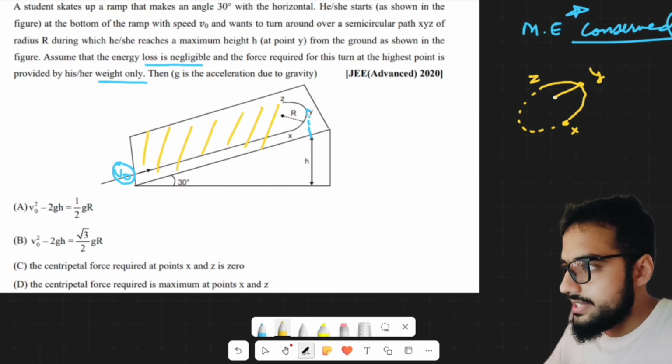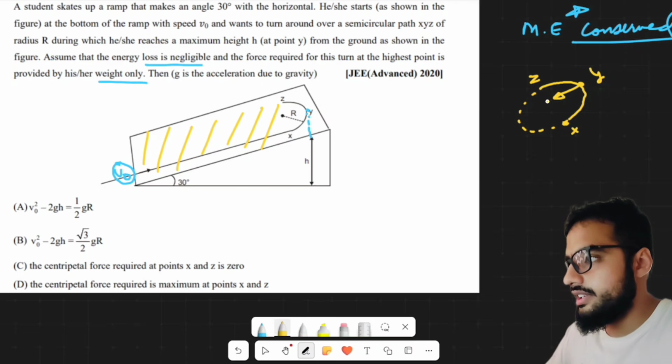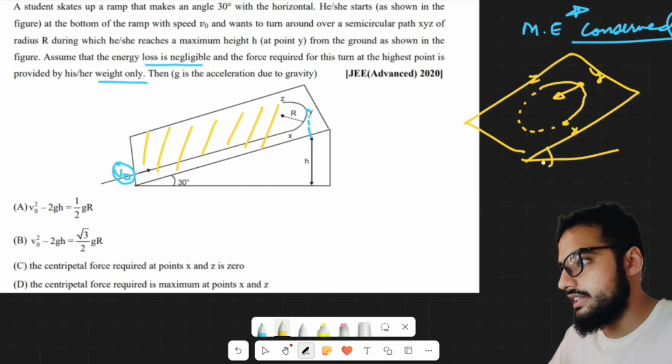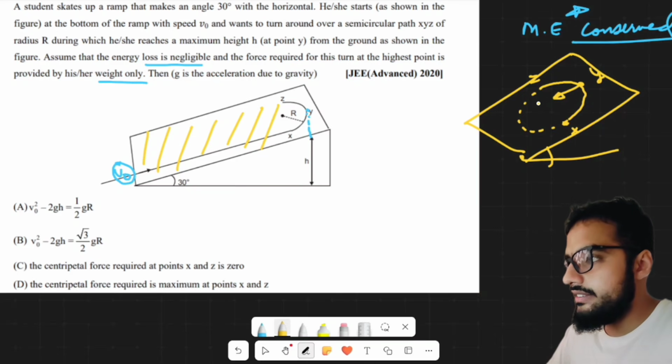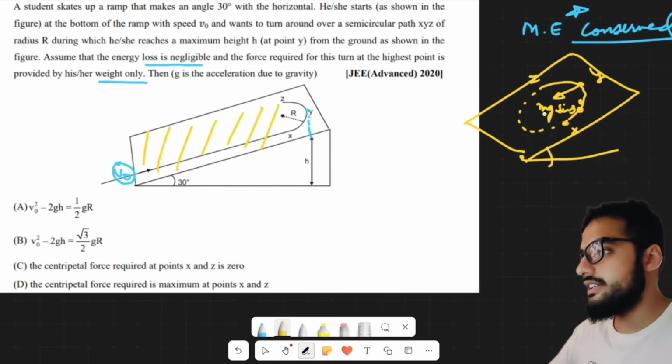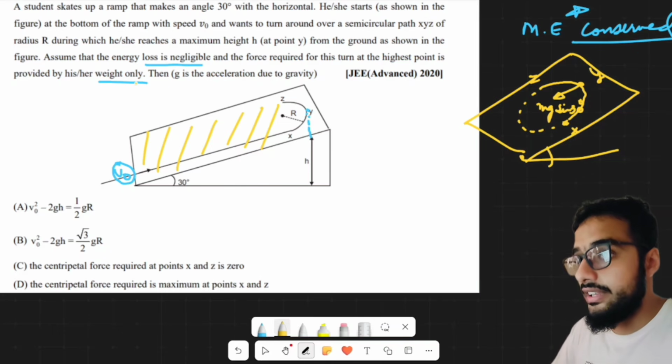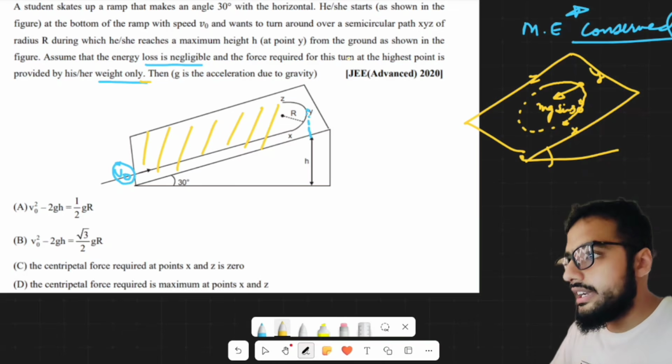So this is the radial direction inwards, and what will be the weight of the body inwards there? This is a wedge, this is the inclination of the wedge. That side we can say it will be mg sine theta, sine 30, where theta is 30 degrees. This is the weight component that side, and it is given that weight only provides the force which is required.